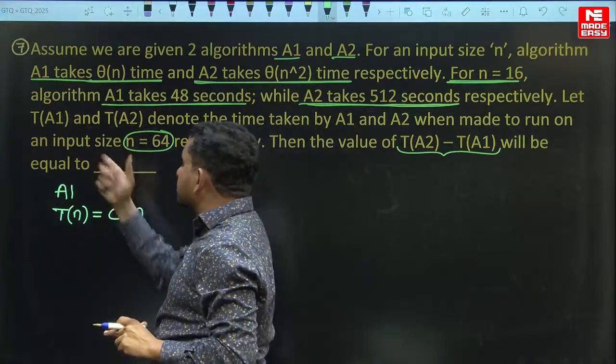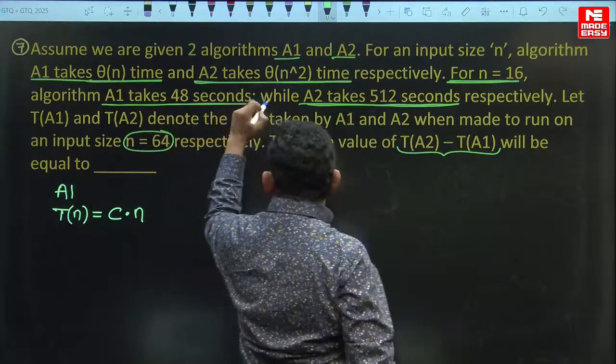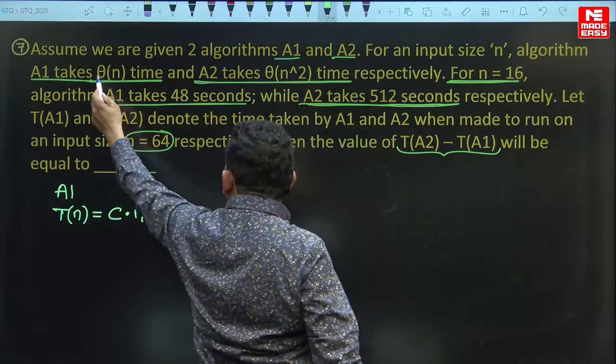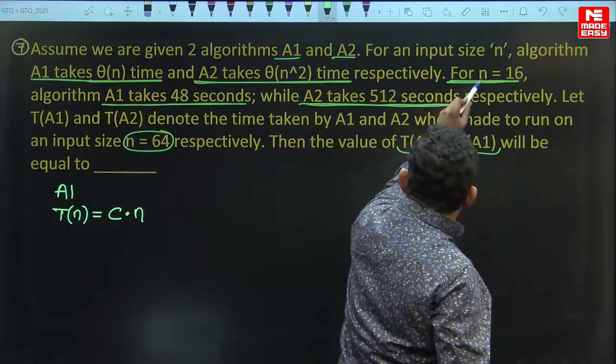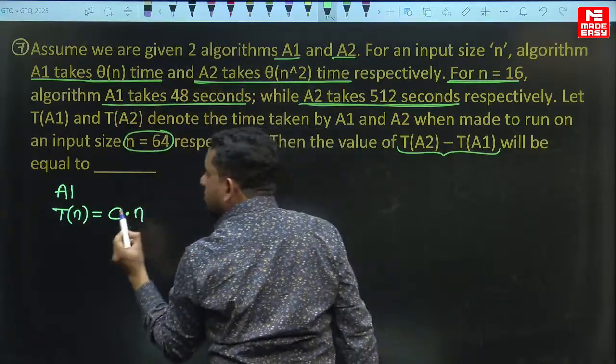Many times this model question is given, and the question format is always the same. They give the time complexity in the question and also give how much time it takes for one input, so from that you will get the constant.